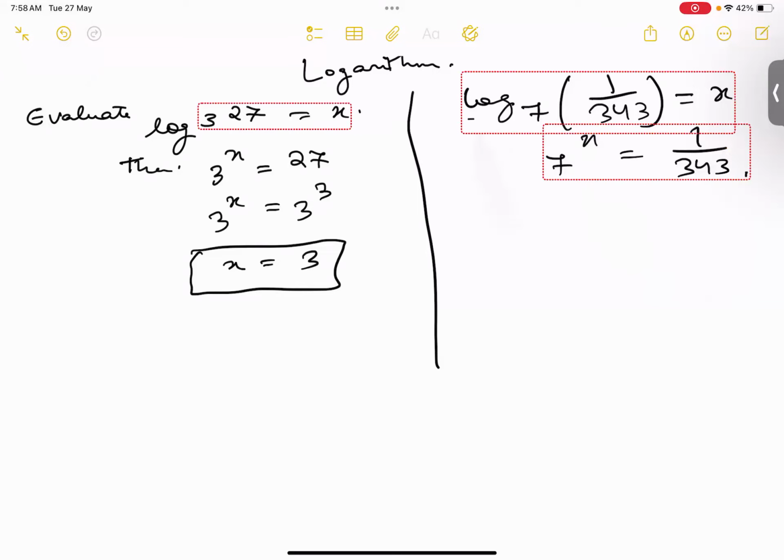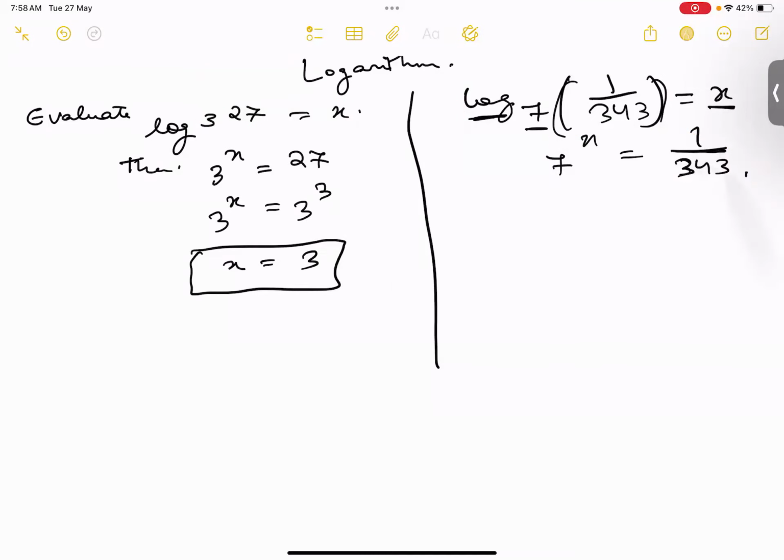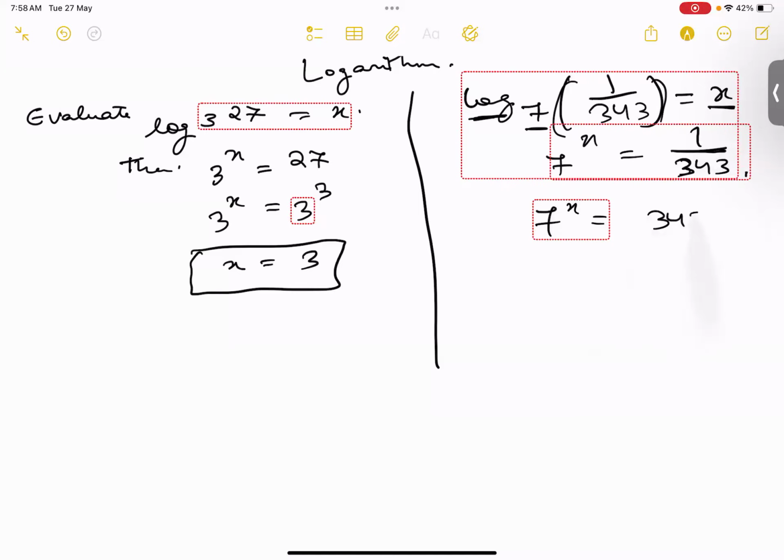So in order to remove the log sign, the base 7 to the power of x becomes the number. This 343 is in the denominator, so it is 343 to the power minus 1.